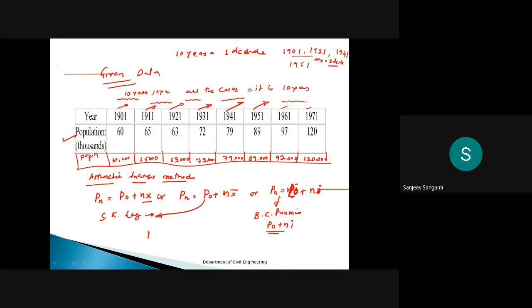Sometimes it fluctuates also. So in the first case he will give 1901, then 1911, then he will skip 10 years and directly give 1931. Here the difference is 20 years, but here the difference is 10 years. That is the case. What you have to do is find how many decades there are.